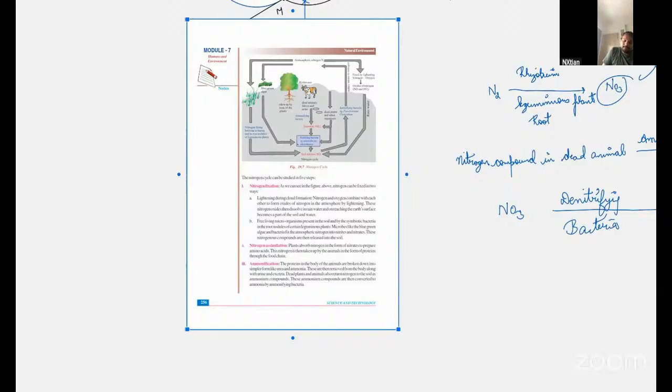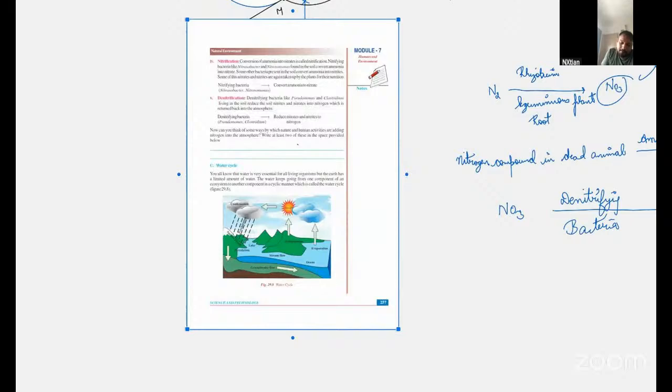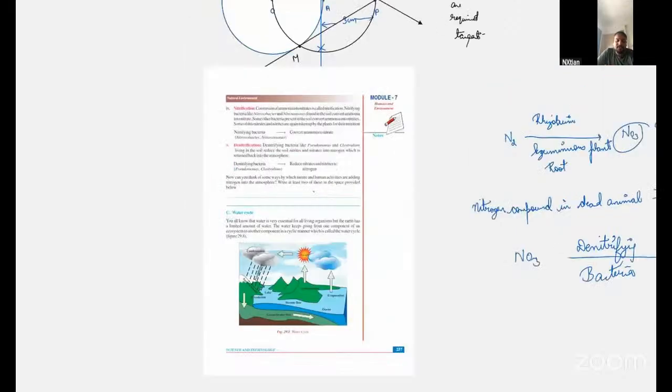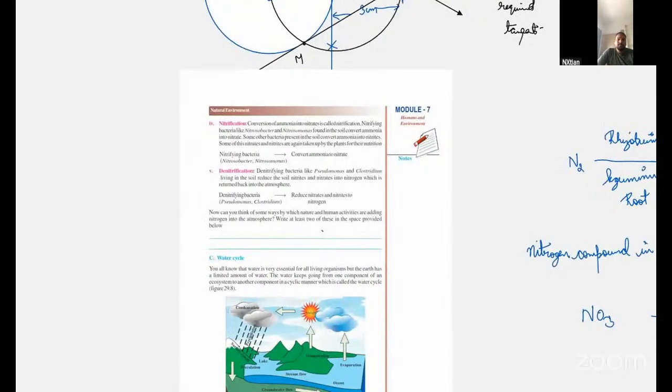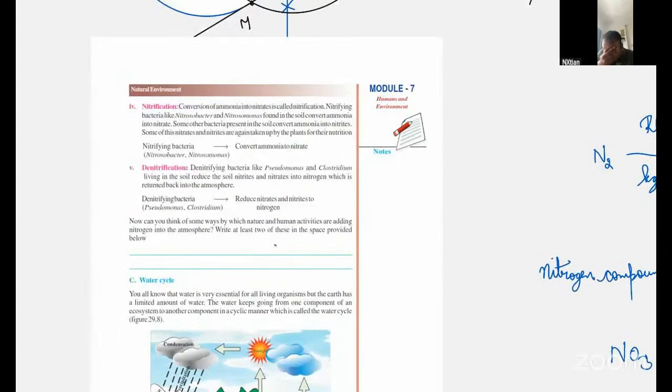Okay, next part. Nitrification. Miracle will do it. Miracle, please read it. Nitrification: conversion of ammonia into nitrates is called nitrification. Nitrifying bacteria like Nitrobacter and Nitrosomonas found in the soil convert ammonia into nitrates.